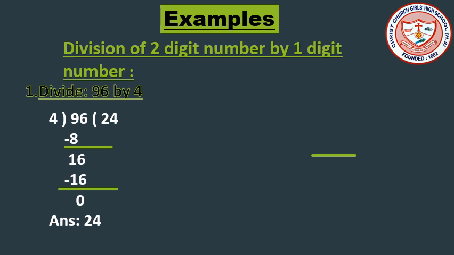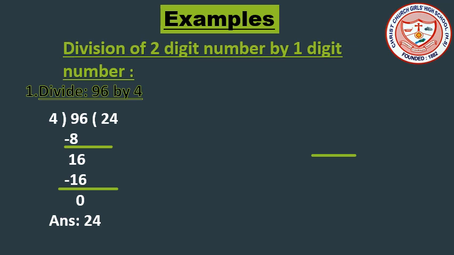Now girls, 8 is smaller than 9 and 12 is bigger than 9. So here we have to take 8, right? Because we usually don't do borrowing subtraction here. Okay.